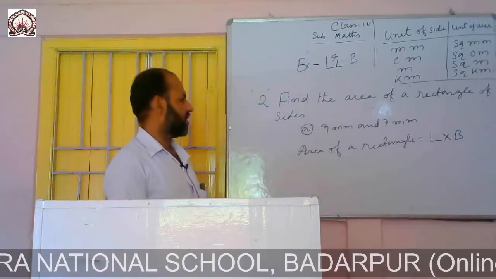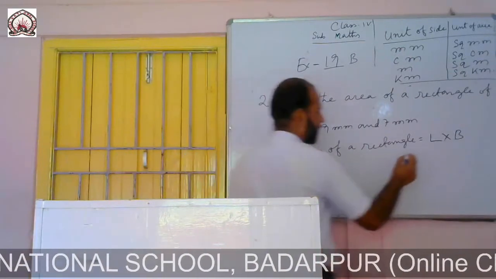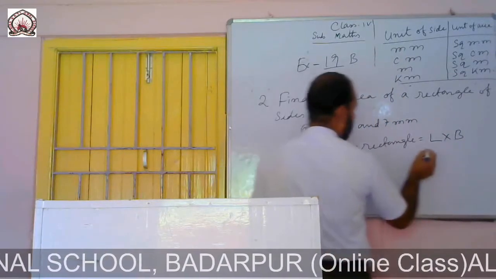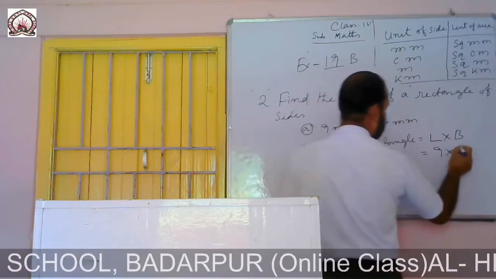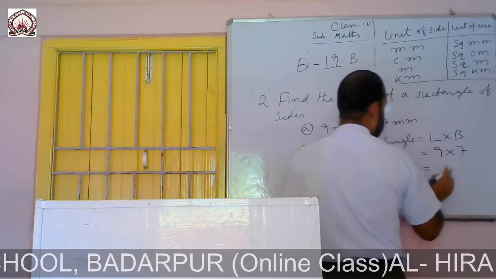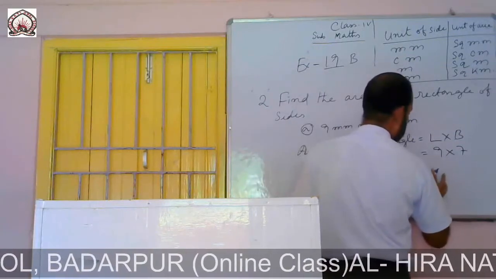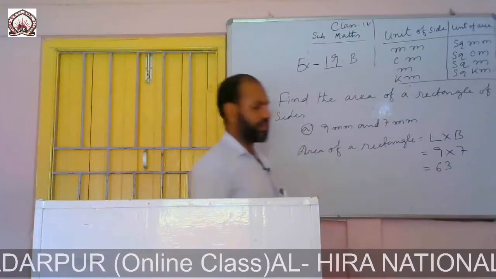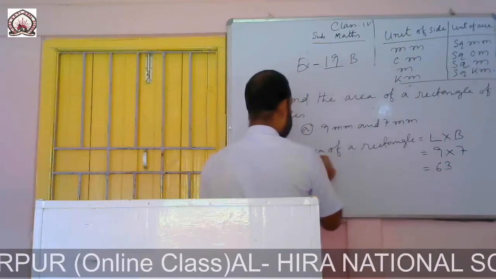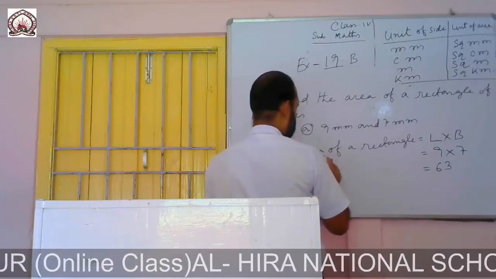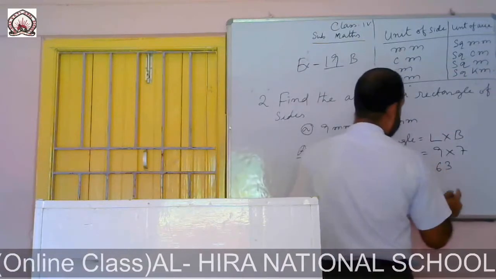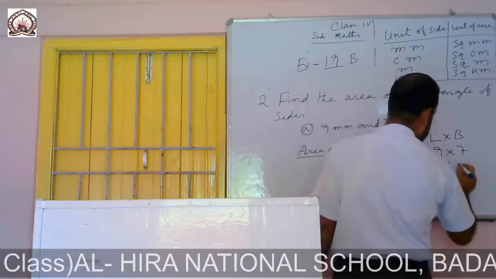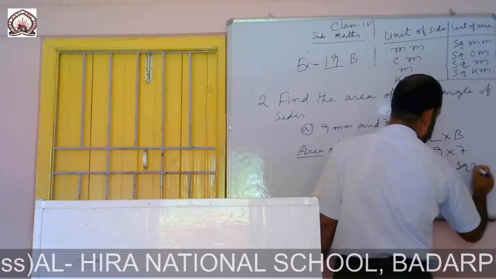Here length equals 9 and breadth equals 7. So 9 sevens are 63. The answer is 63. But what area have we taken out? The unit is millimeter, so we write here square millimeter.